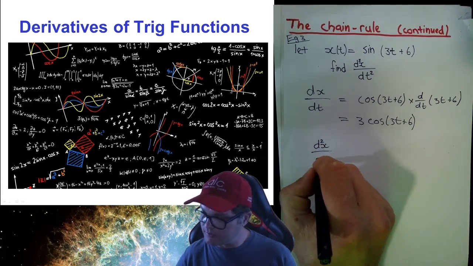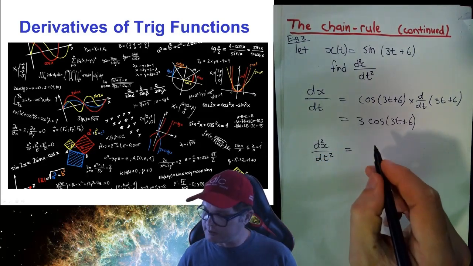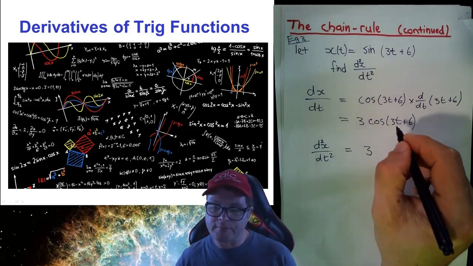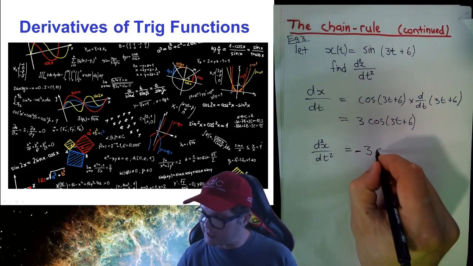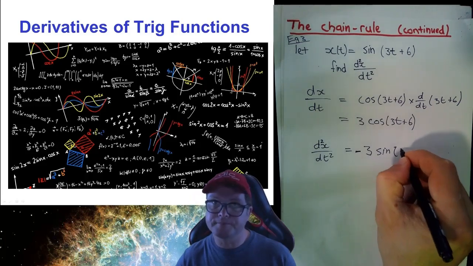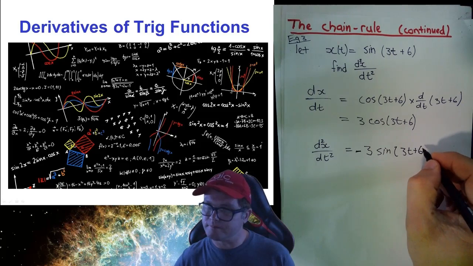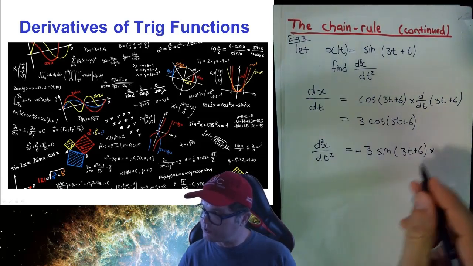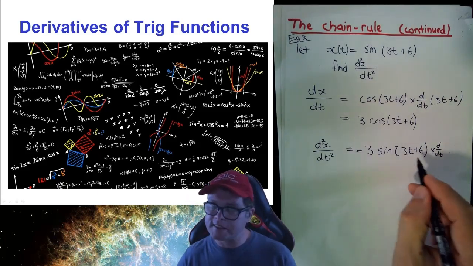So d squared x dt squared is equal to, what I'm going to do is write the 3. Now when we differentiate cos, it becomes minus sine. So I'm going to put the minus there. Of course, I need to apply the chain rule, and the chain rule tells me to differentiate what's inside here.